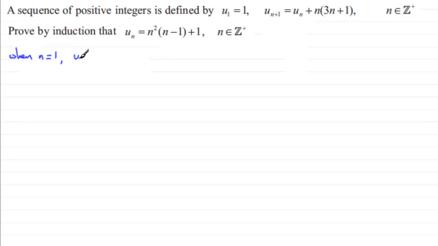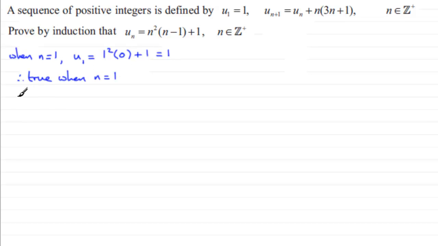The first term, u1, would be equal to 1 squared multiplied by (1 - 1), which is going to be 0, plus 1. And this turns out to be 1. And we were told that u1 equaled 1. So you can see that this works when n equals 1. So, therefore, true when n equals 1.